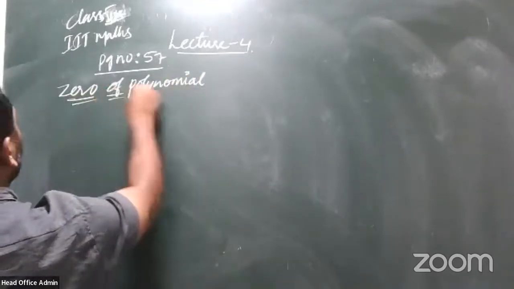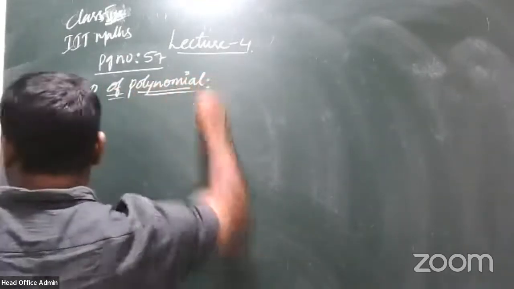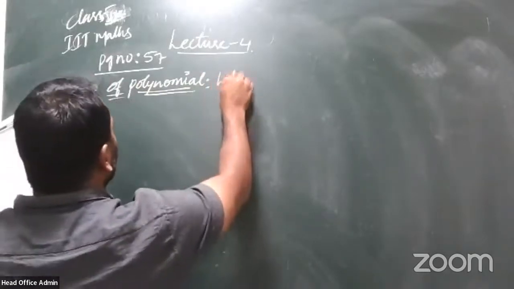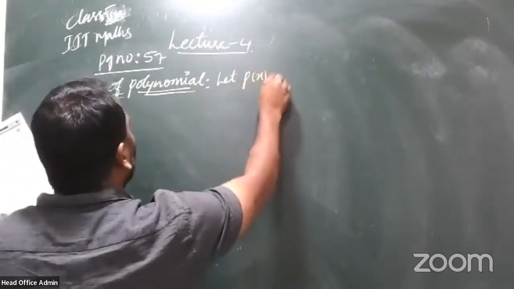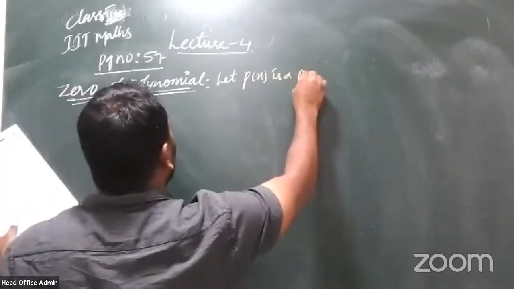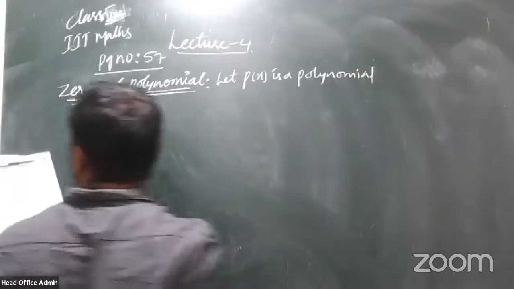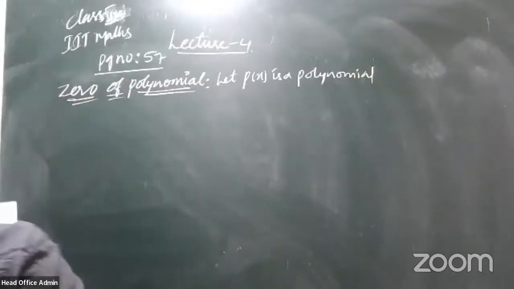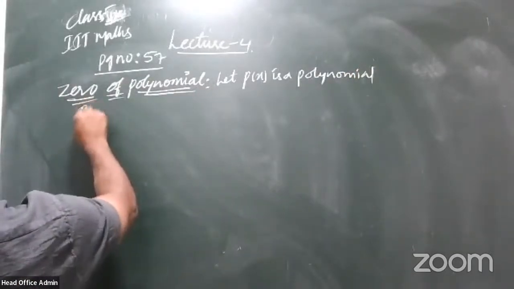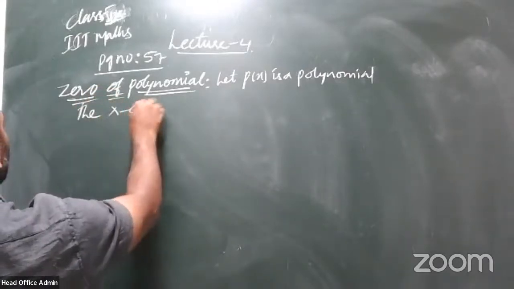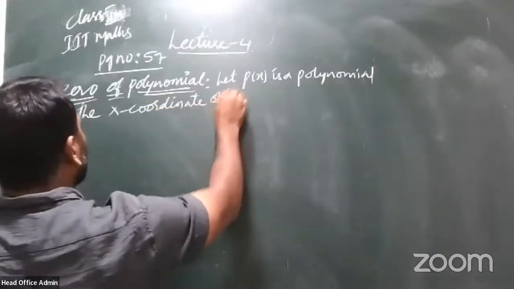Okay, so zero of polynomial means, suppose let p of x be a polynomial.